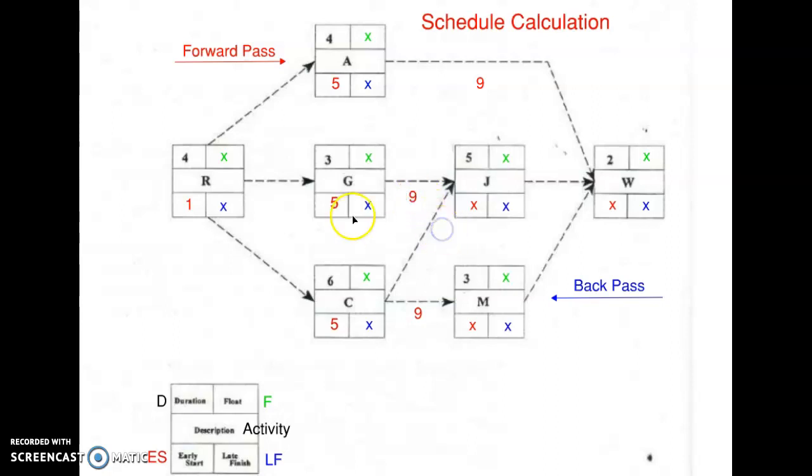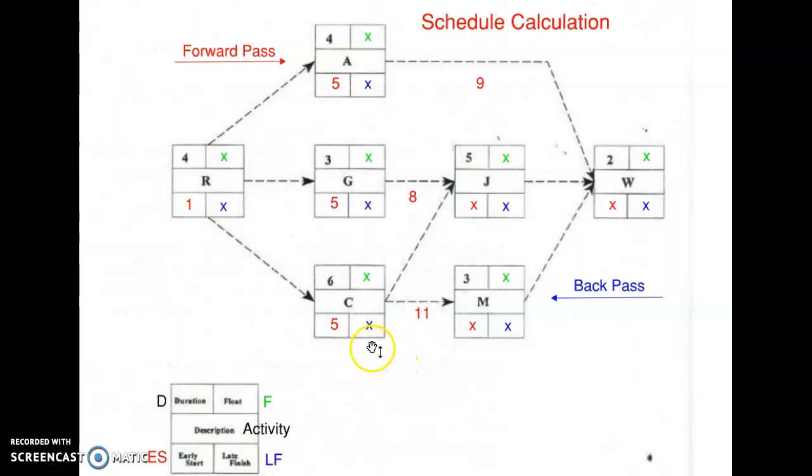So 5 and 3 is 8, so I'm going to put an 8 right here just for the time being. 8. Oh boy. 8. And then 6 and 5 is 11. Probably should have set this up before I started, but that's okay.